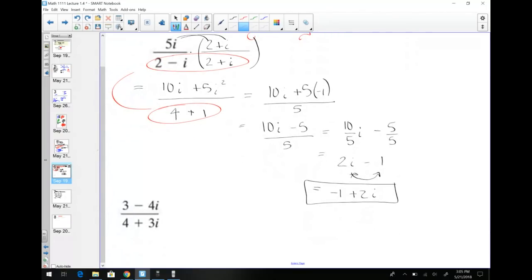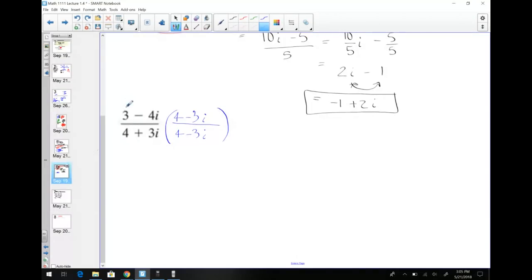So let's try this one. I guess I'll do it in a different color. So y'all, what's the conjugate of the denominator? Yes. And multiply the numerator and denominator by that. So now I have 3 times 4.